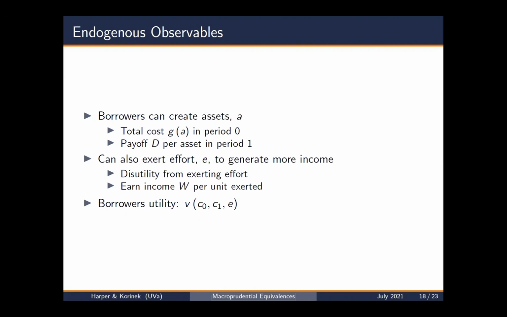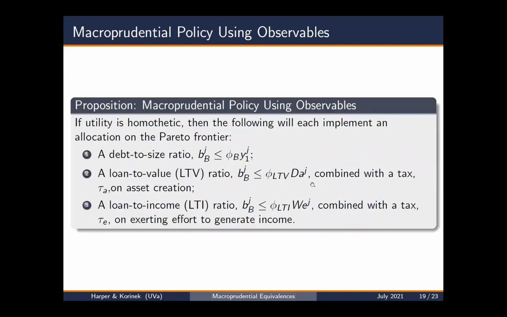We now move borrowers' utility to be a little more generalized, a function of their consumption in the 2 periods and their effort, and utility is decreasing in effort as effort increases. So in this endogenous variables framework, we want to think about macroprudential policies that are based on these endogenous values.